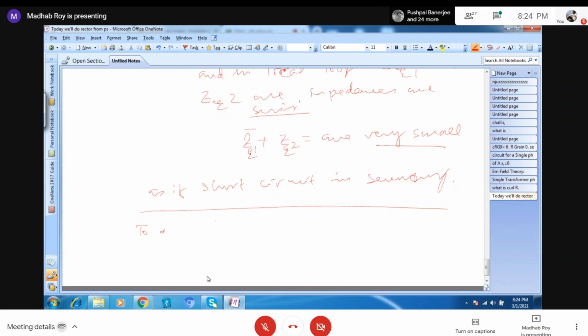To do the right polarity, one has to test, not check.